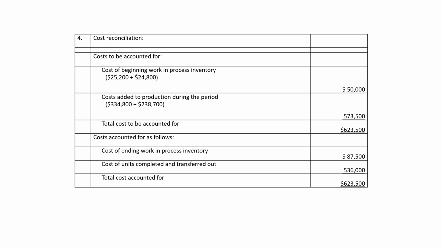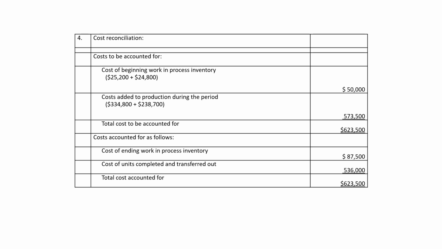The total costs added during June, $334,800 for costs of material, $238,700 for the conversion, the direct labor and overhead. Add them all up, the total cost that actually occurred, $623,500.